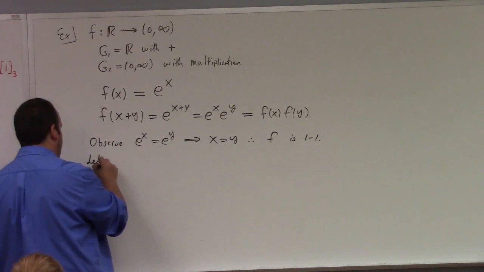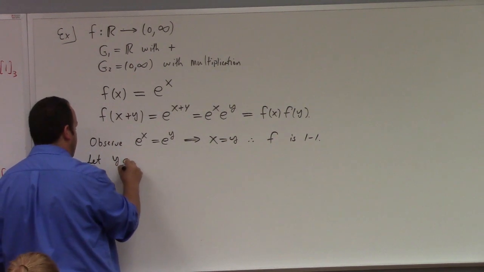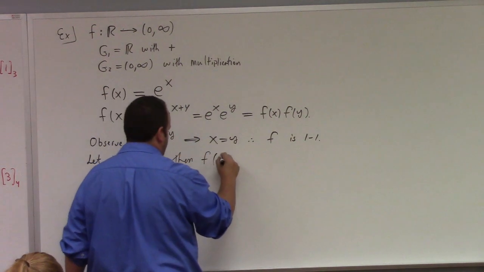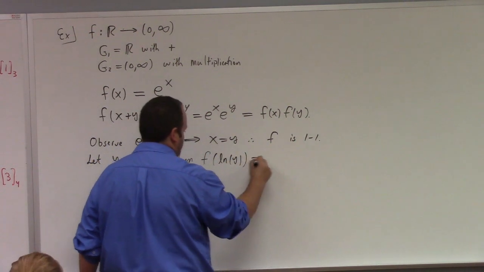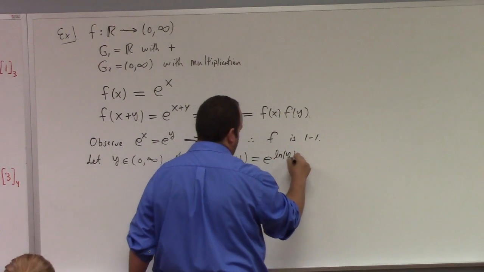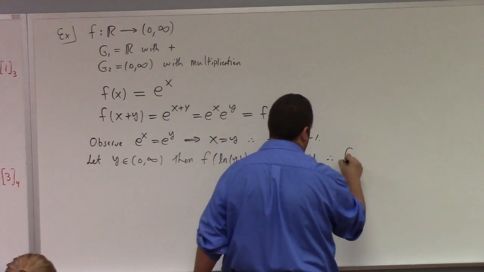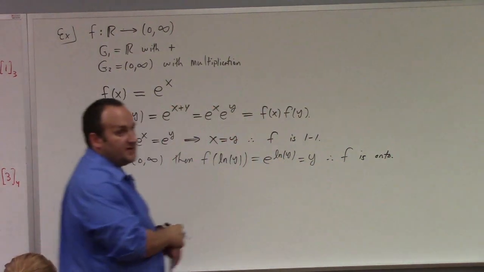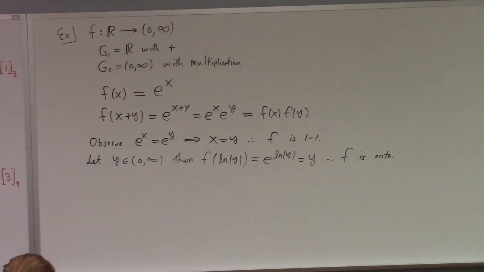Let y be an element of 0 to infinity, then f of the natural log of y is equal to e to the natural log of y is equal to y. Therefore, f is onto. There you go. That proves that f is a bijection. Consequently, isomorphism. The group of real numbers under addition is isomorphic to the group of positive real numbers under multiplication.